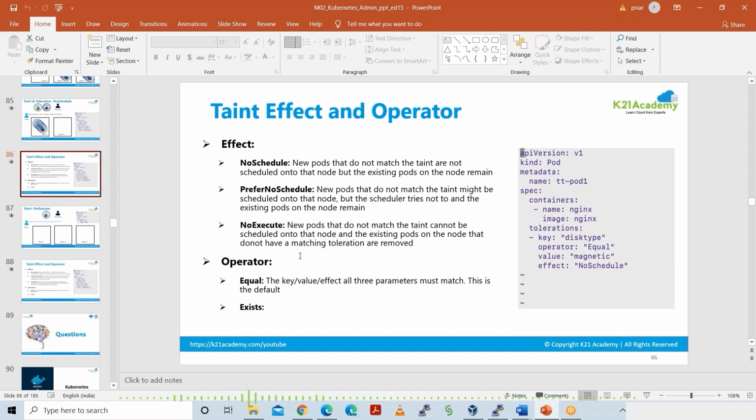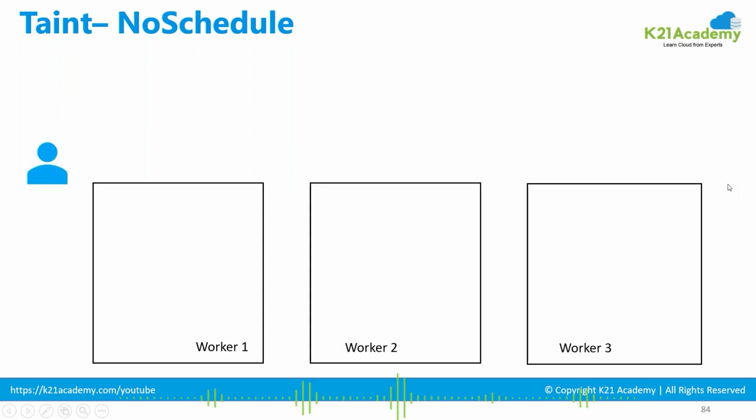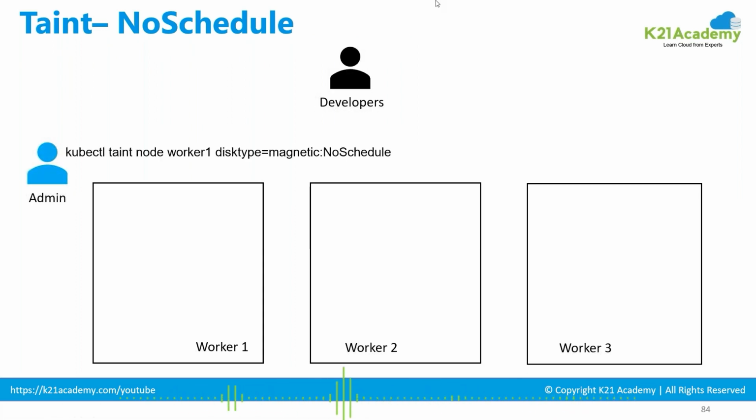That is the meaning of it. Both operators are used for the same purpose. Let me give more information about Exists as well. This is the way we have to write the pod that I have shown you. NoSchedule taint means no schedule. If you use this command on the worker node, kubectl taint node worker1 disk type equal to magnetic and NoSchedule.